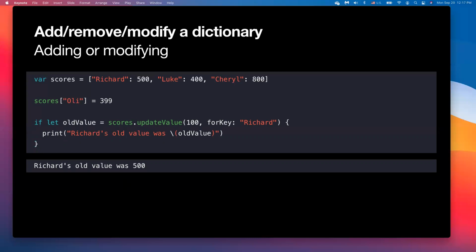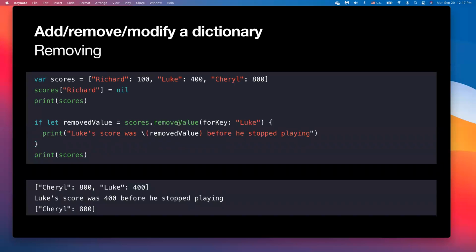In the next part, we're going to take a look at removing values from a dictionary. How can you remove a value from a dictionary? You can remove an element in a dictionary by using the key and then assigning it to nil.